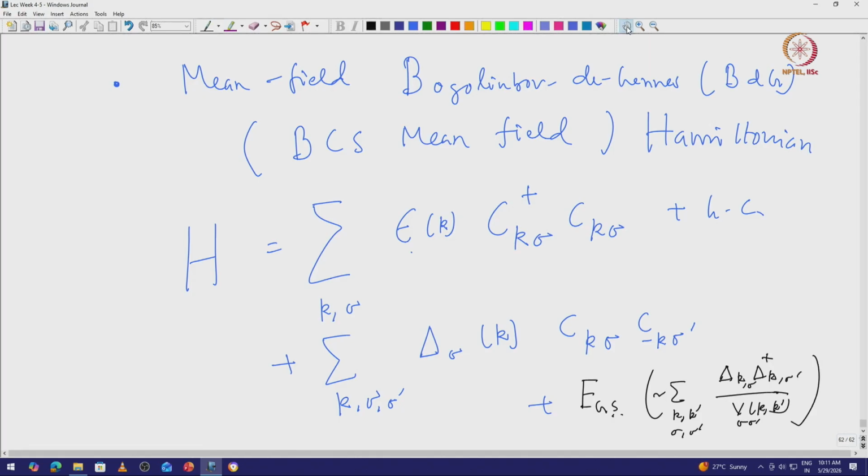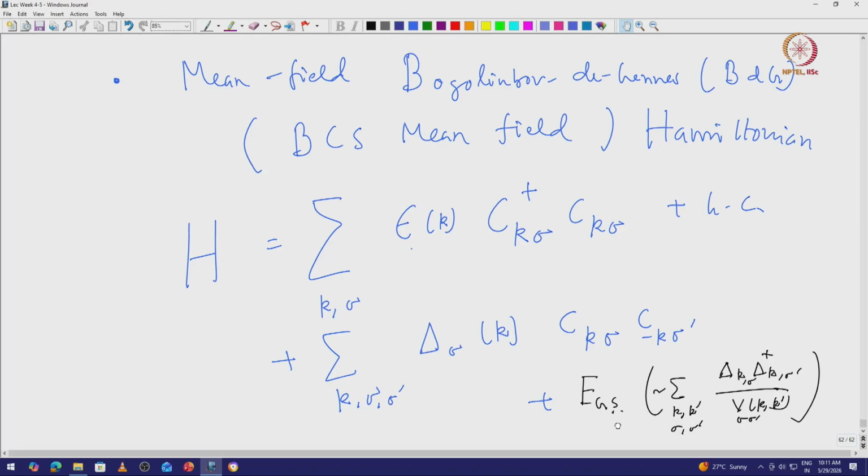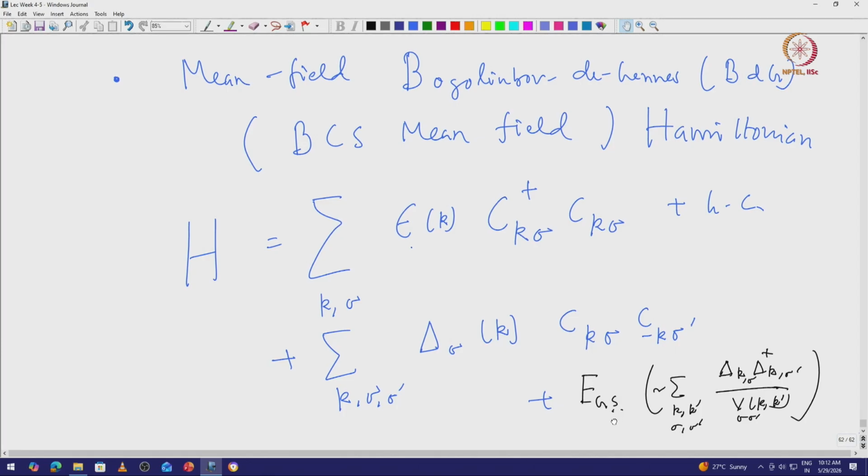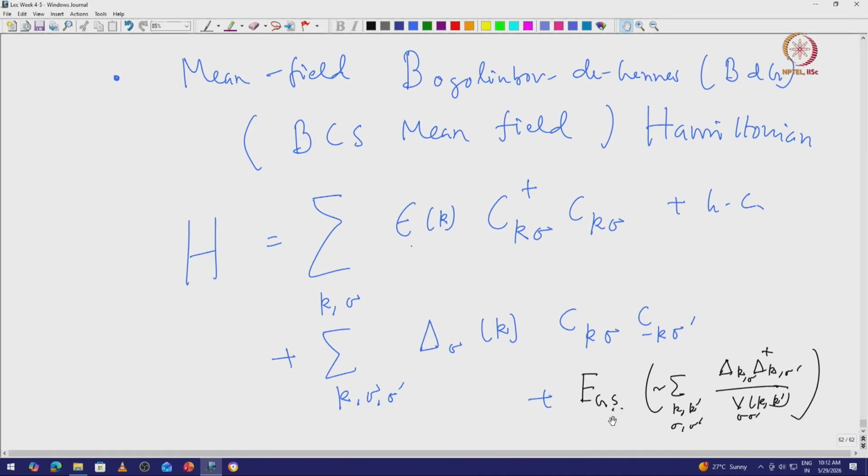Okay. So, we do not need to be very careful about this term, because this is kind of an overall energy shift, and if these are the ground state energies, what are these guys? So, these guys are nothing but the excitations from the ground state. So, these are now quasi particles, not the same electrons anymore. I mean, although we are writing it in terms of the electrons, these are kind of electrons that are coming out from the ground state, the BCS ground state, which is kind of a condensation of all the Cooper pairs.